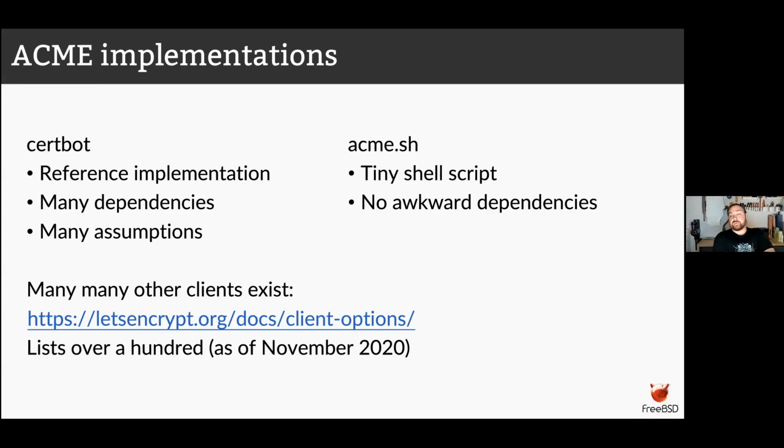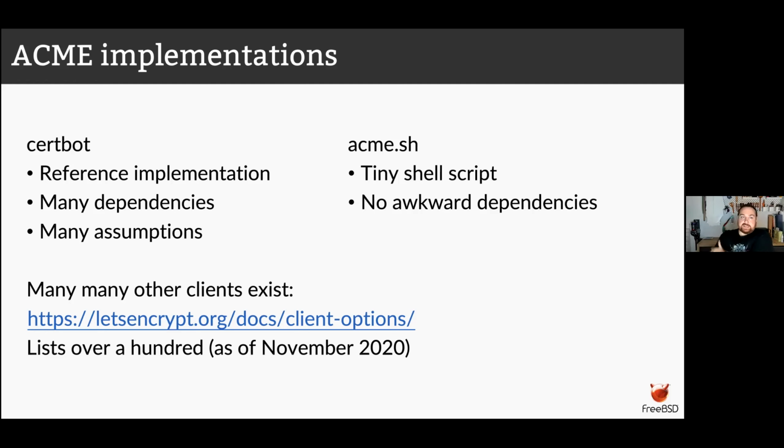They have a reference implementation called Certbot, which I'm sure several of you have used. It's a reference implementation, which means it implements the entire protocol exactly as written. And like every other reference implementation, it also developed together with the protocol. Compare it with BIND, which is the reference implementation for the DNS.